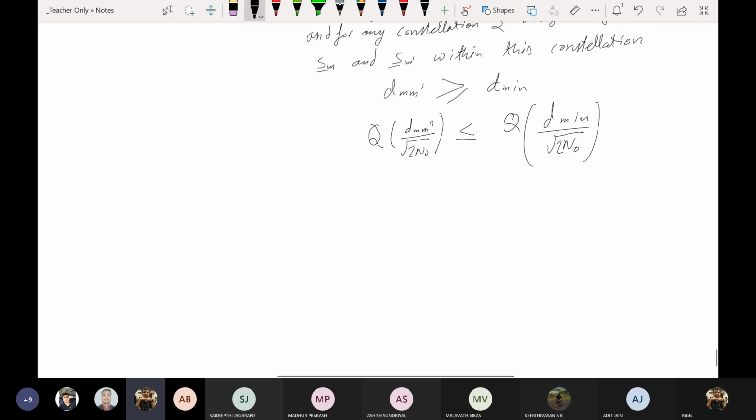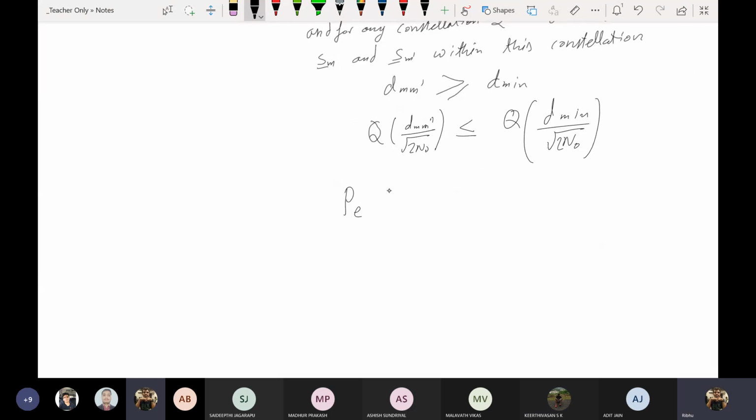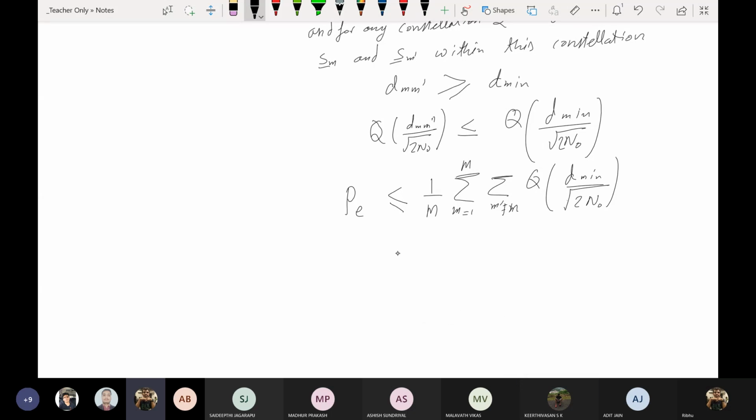So the probability of error can be further upper bounded as 1 by M, summation over m equal to 1 to capital M, summation over m' not equal to m, Q of d_min by root 2 N naught. Actually this should be an equal to here, because this is less than or equal to this.